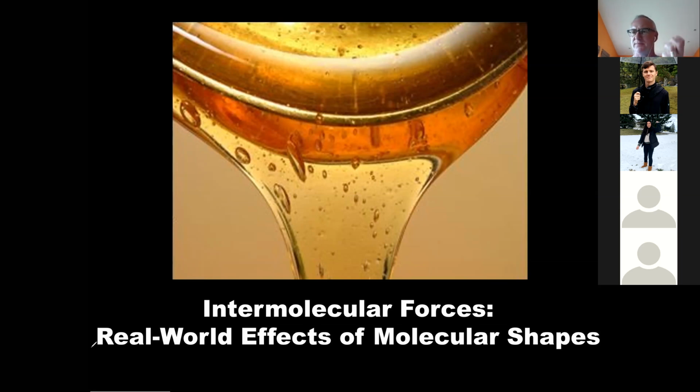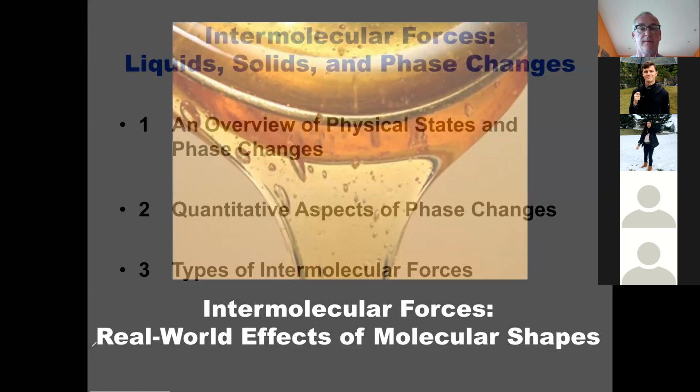It's the interaction between molecules that really defines biology for me. Hopefully you'll pick up on some of this as we go through, because, as I point out here in the slide, the molecular shapes of things have real world effects, and very important real world effects. I'll try and explain some of them as we go along.